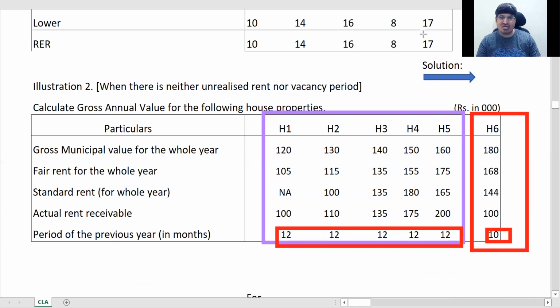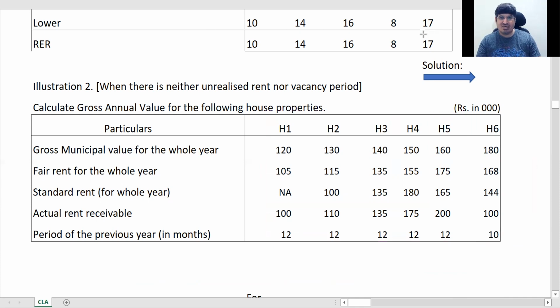ठीक है, तो चलिए, ये मुझे जो है, so GMV and fair rent higher. First one is higher. What is higher of the two? 120. Okay, then H2 130.